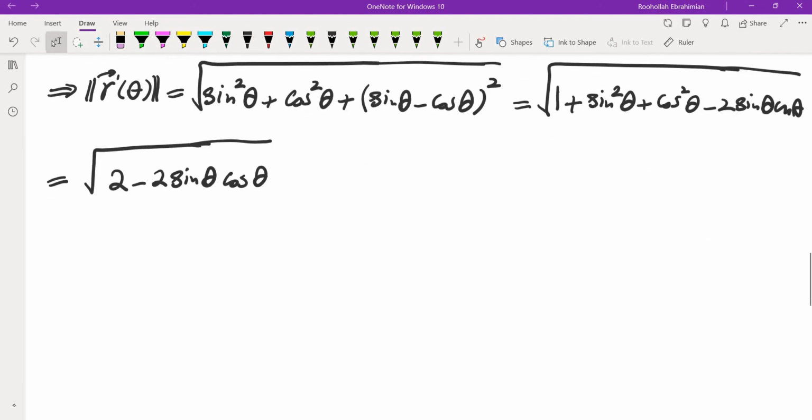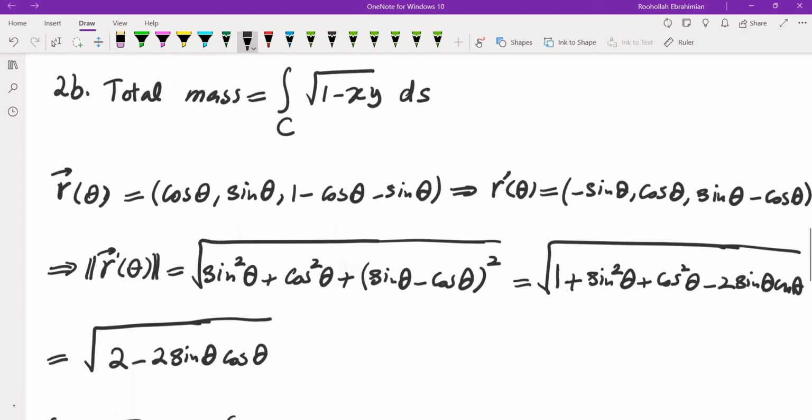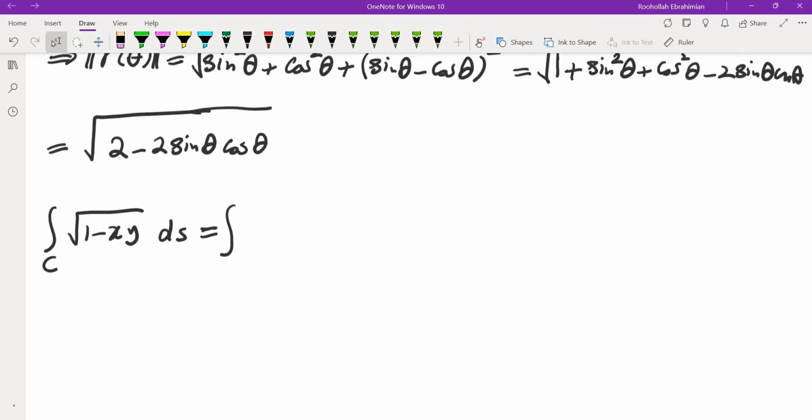So now the line integral of root 1 minus xy ds is going to be an integral. So the parameterization was cosine, sine, 1 minus cosine minus sine, and limits of theta are from 0 to 2 pi because it's a full circle centered at the origin.